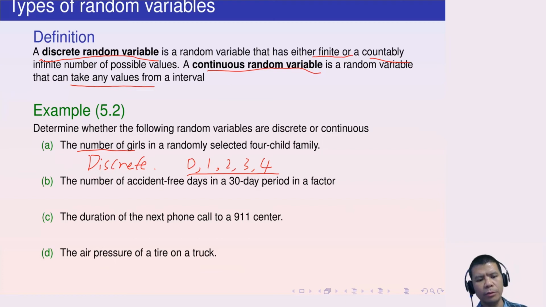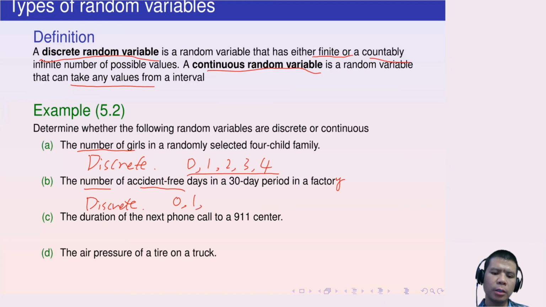And B, the number of accident-free days in a 30-day period in a factory. So this is a number of days, so it is also discrete. What are the possible values? It may be 0, if every day has an accident. In this case, the number of accident-free days will be 0. Can be 1, can be 2, can be 30.